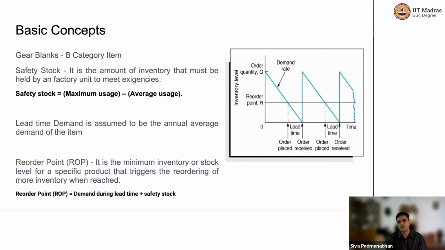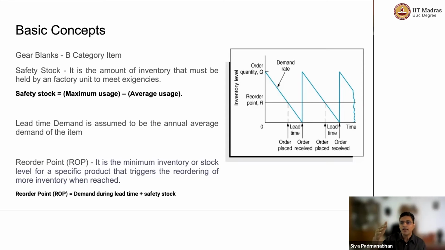So the graph that you see on the right side shows the inventory level. So how many blanks do I have in my store? That's what that graph shows. So at time 0, we start with a quantity Q, but every single day, as I keep doing hobbing and broaching, I keep taking some of these blanks for that process, and the amount of inventory we have keeps going down.